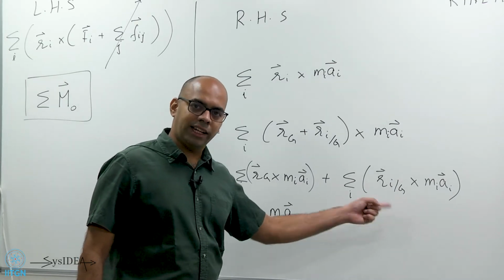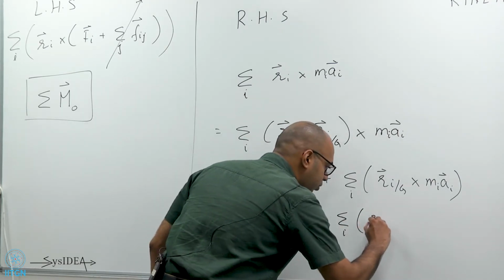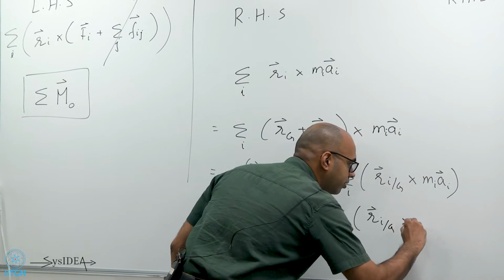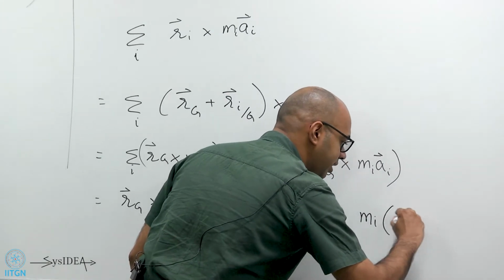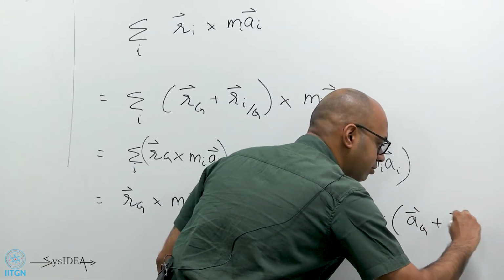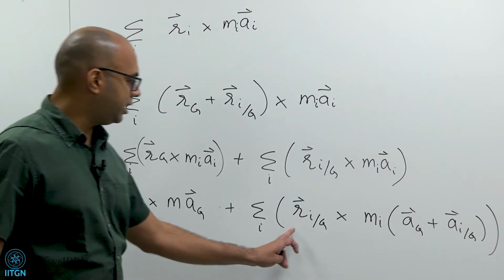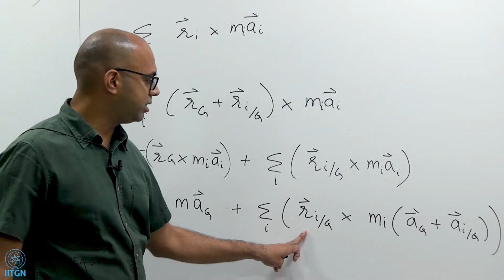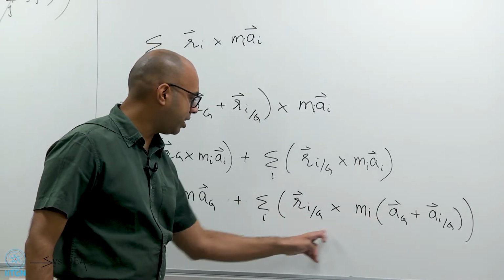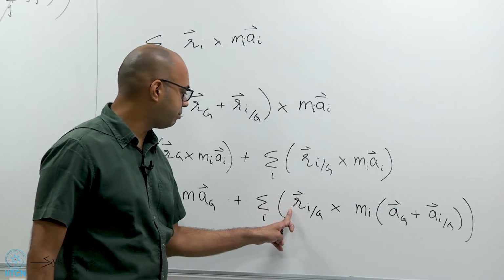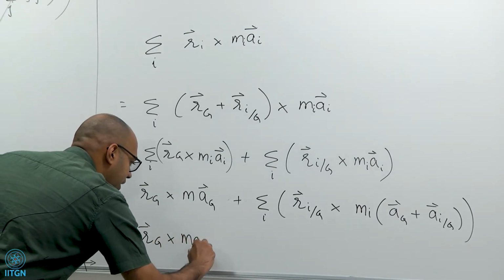We go to the second term, which we can write as a sum of two further terms, where I write now Mi, this Ai I further write as Ag plus Ai with respect to G. And here you can see that the first combination ends up being 0 because sum over i, Rij, Mi, I can always bring here in that summation, that ends up being 0, and this gives me the first term is Rg Mag.